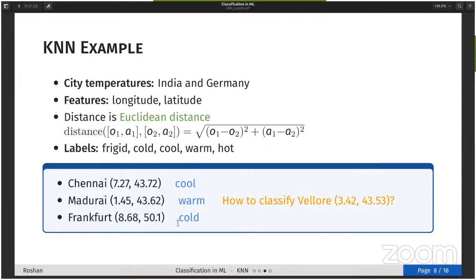These are numerical values, and you also have the labels associated with them. So based on these three data points, how do we classify, let's say, Velu with this longitude and latitude? What do you think the weather might be? You only look at these three data points and classify the weather in Velu.